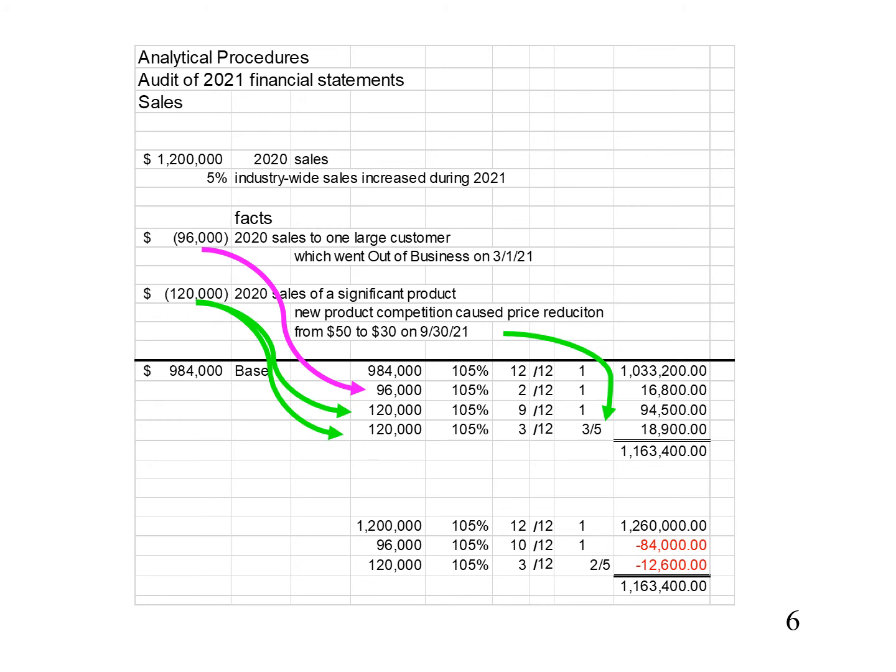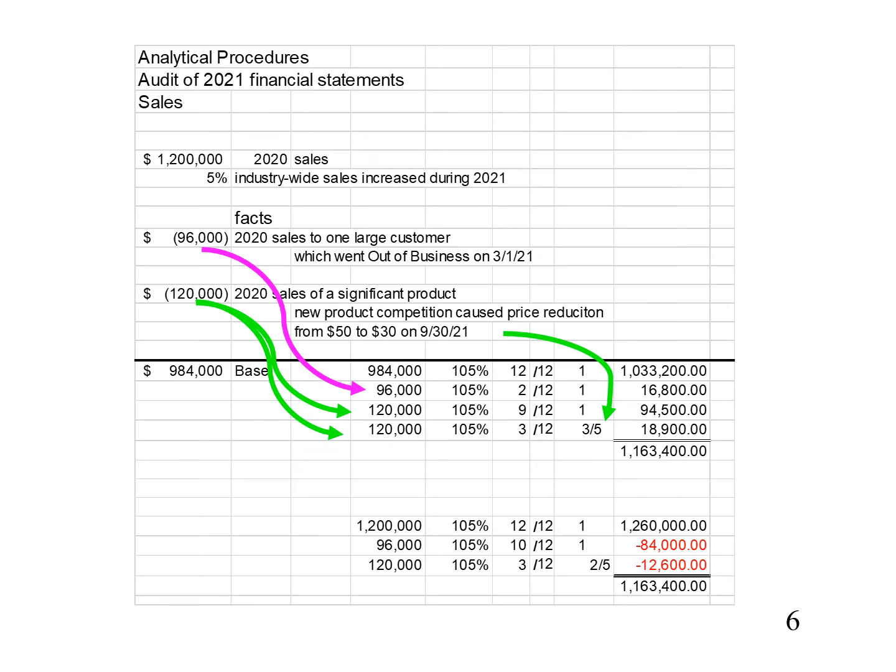When we compared 2021 to 2020, industry-wide, there was a 5% increase in sales from 20 to 21. That big customer to which they sold $96,000 in 2020 went out of business on March 1st of 2021.